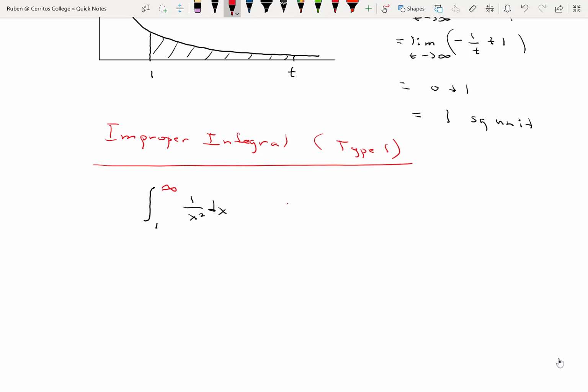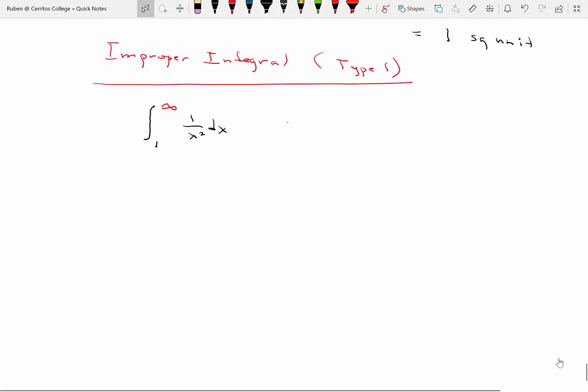Okay, so let's take a look at another case. Let's take a look at the integral from 1 to infinity of 1 over x dx. I can't stop it from writing in red.